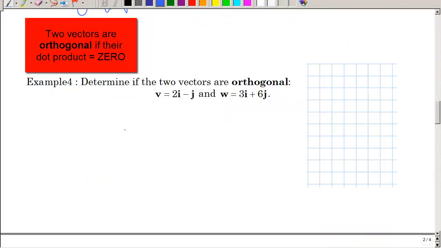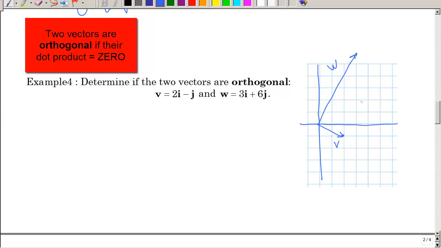So let's look at this example to see if they're orthogonal. And again, I've given you a picture if you wanted to sketch it out, just to see visually. So we have v over 2 down 1, and then w is over 3 and up 1, 2, 3, 4, 5, 6.